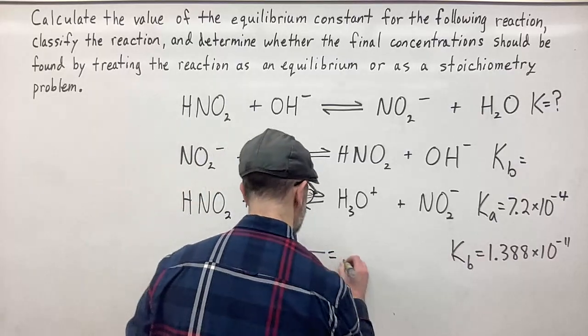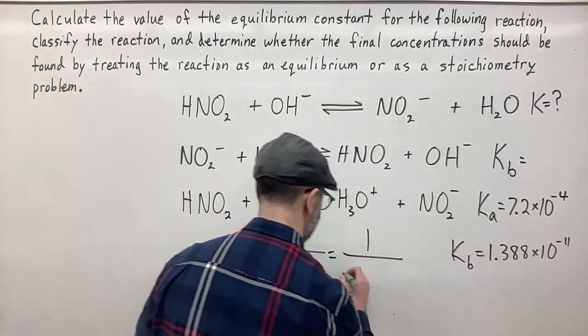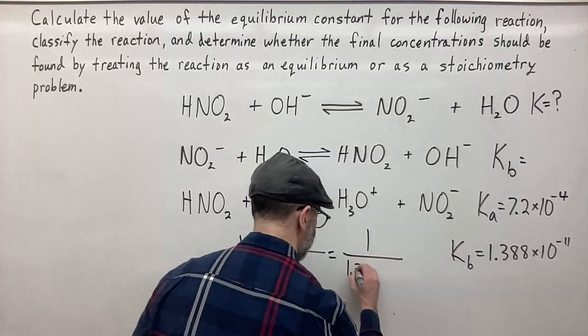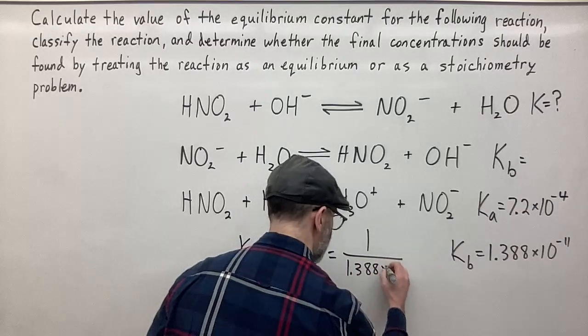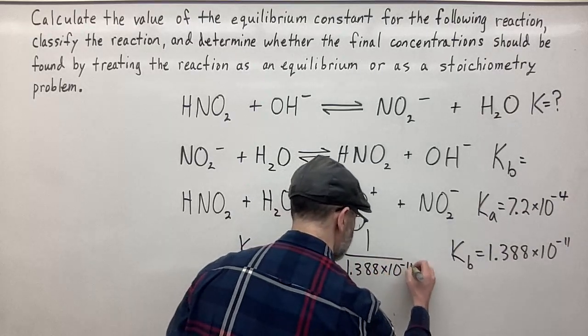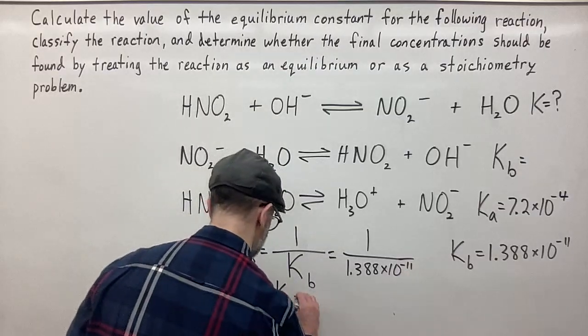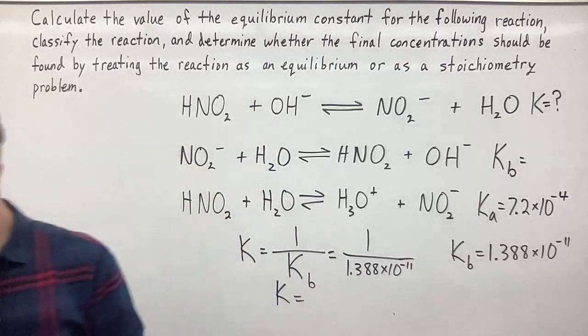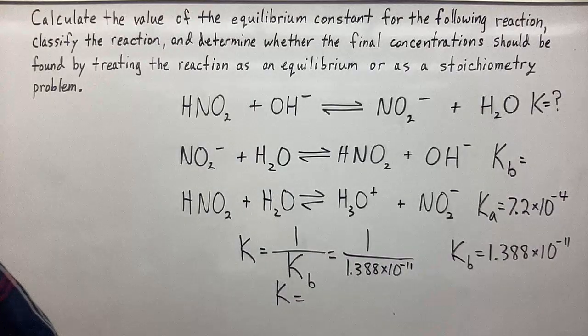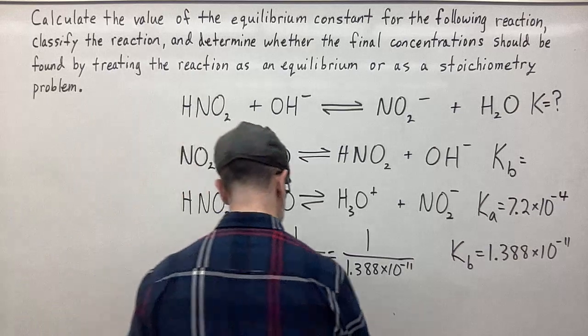So then all I need to do is plug in the Kb value, 1.388 times 10 to the negative 11. And then I get a K value equal to, let's see, 7.2 times 10 to the 10.